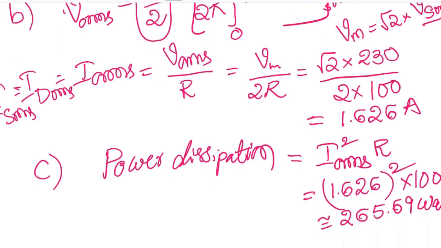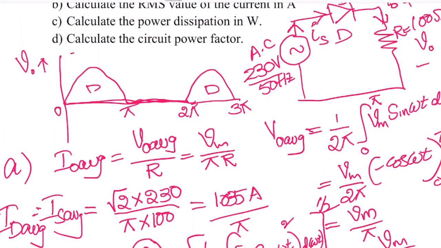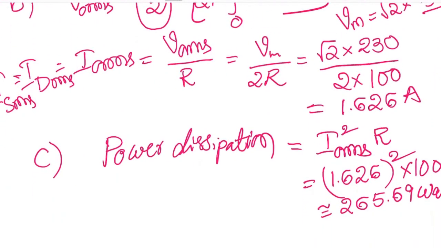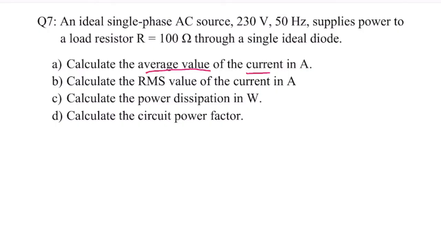Now coming to the last one, what is it asking me? They ask to calculate the circuit power factor, because for a half wave rectifier with an uncontrolled circuit, that is a diode, whenever it is an uncontrolled circuit feeding into a resistor, then obviously the input power factor will be 0.707 for a half wave rectifier.